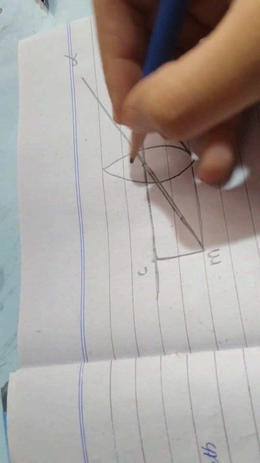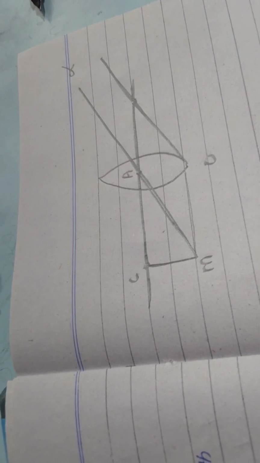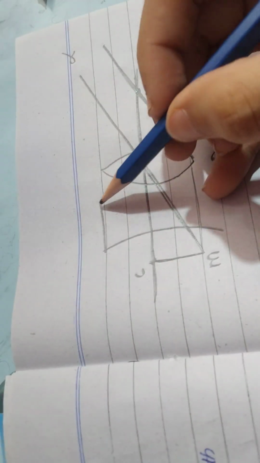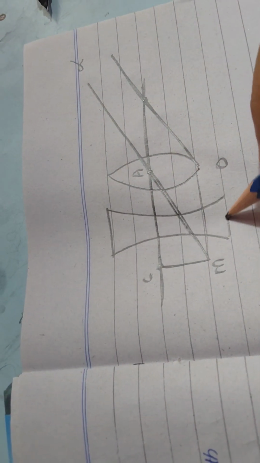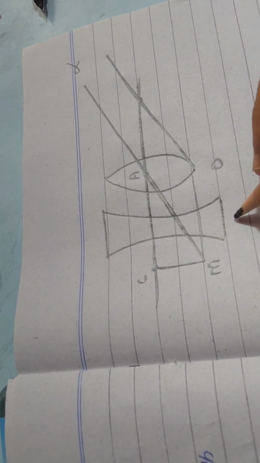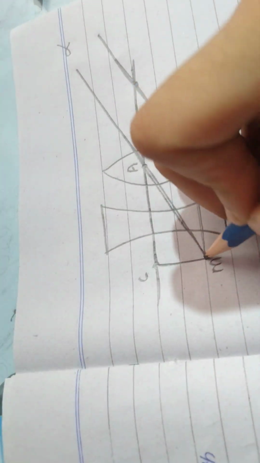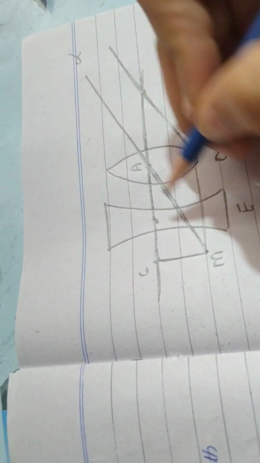Let's name this CM and let's name this A. Now this is the object lens. Now we have to use the concave lens, which is the eyepiece, the eye lens. The image is formed over here. This is its optical center.